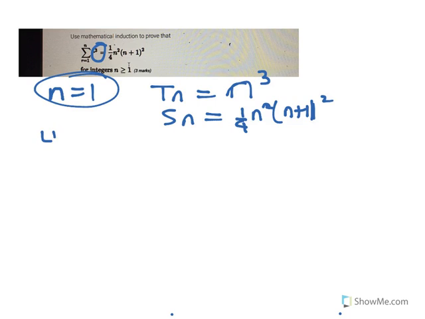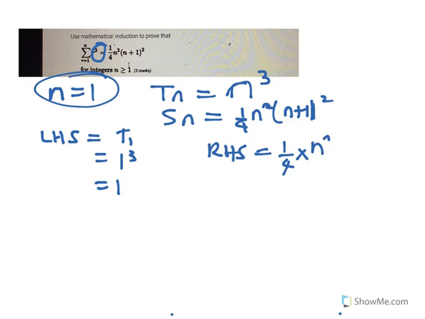Okay, so prove true for n equals 1. That means the left-hand side would just be the sum of the first term, t1, which will equal 1 cubed, which is 1. The right-hand side is a quarter times n squared, n plus 1 squared. Now we're just summing one term, so where there's an n, we put a 1.